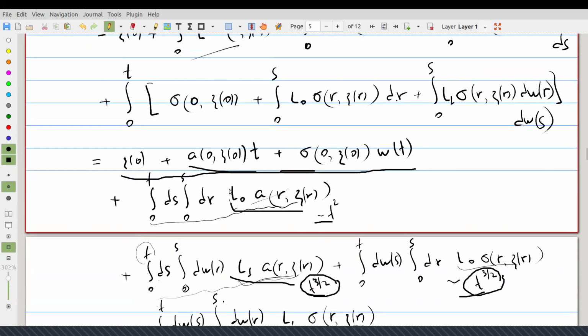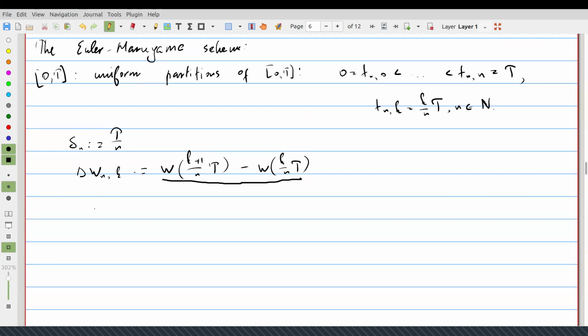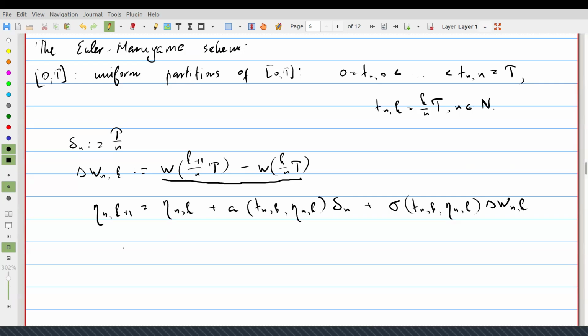So again, if you look at this, that means that the value of our scheme on the next step should be the value of our scheme on the previous step, plus the time step, and the stochastic step. So eta_n,k+1 equals eta_n,k plus a_0 psi of 0, t_n,k, eta_n,k times the time step, plus sigma t_n,k eta_n,k delta W_n,k, where k ranges from 0 to n minus 1, and eta_n,0 is just where we start.